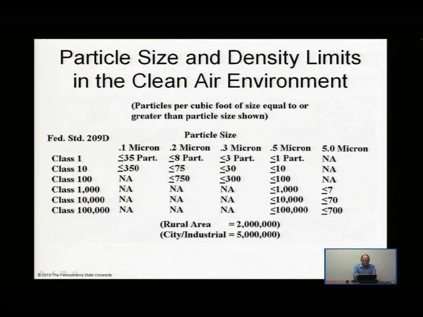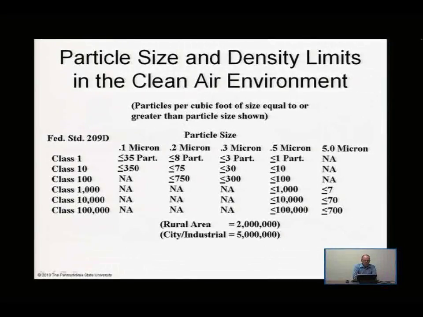So, for example, Class 1, this is the most stringent classification for air, whether it's air in a clean room or air in a hood. If it's Class 1, then that means that there are less than 35 particles which have a diameter of 1/10 of a micron.